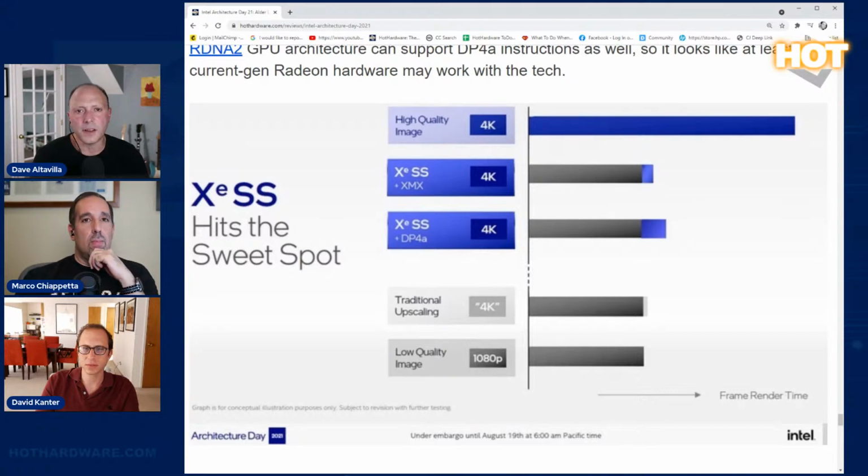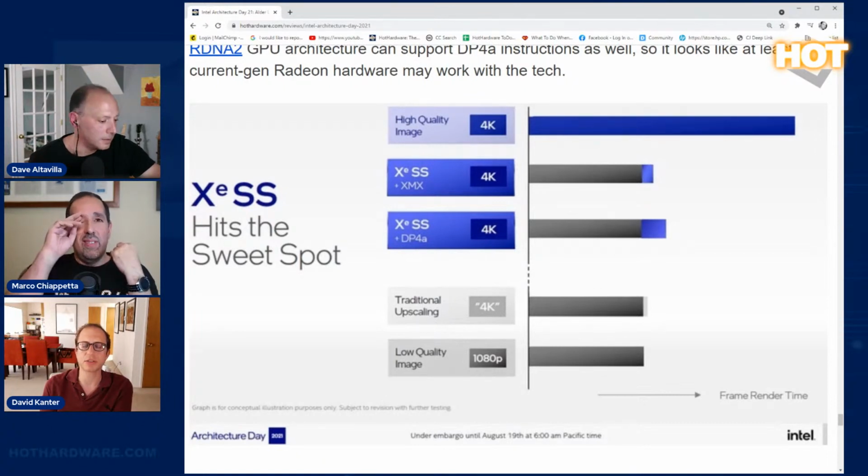Thoughts on that? I found the DP4A fallback interesting. I thought it was great that they brought that into the mix as well. The DP4A is just a dot product instruction, as opposed to a full matrix multiplication accelerator like XMX, or what does NVIDIA call theirs? The Tensor cores. Yeah, Tensor cores.